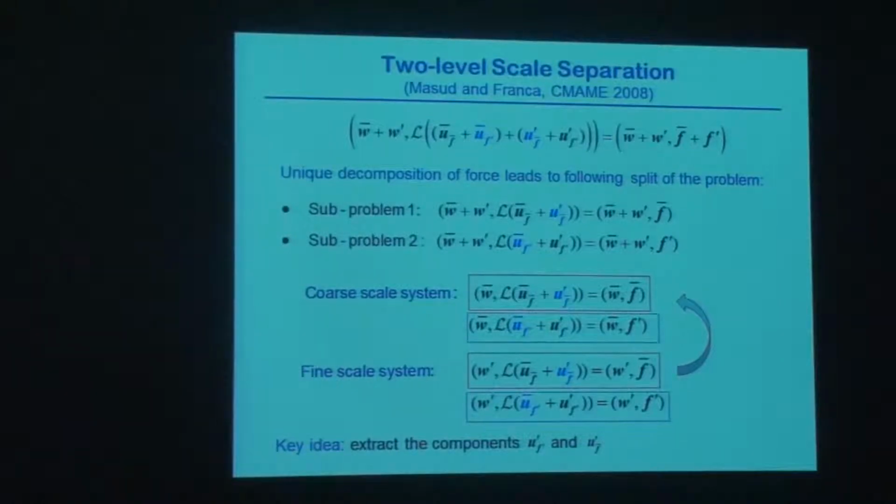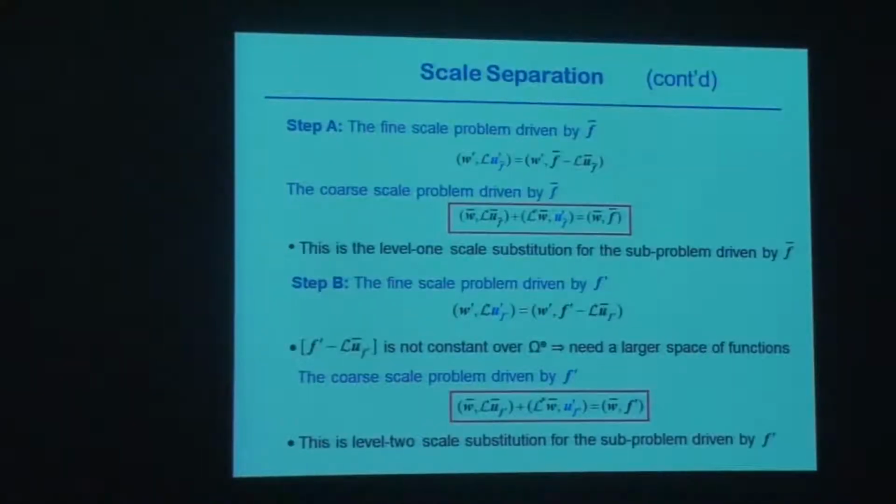And likewise, this can be done for the second one. So rather than solving this with brute computer force, we can plug this analytical expression back and solve the problem at these coarse levels. So the step is to solve it to find U prime F bar and U bar F prime so as to plug back. And I'll show you how we do that.